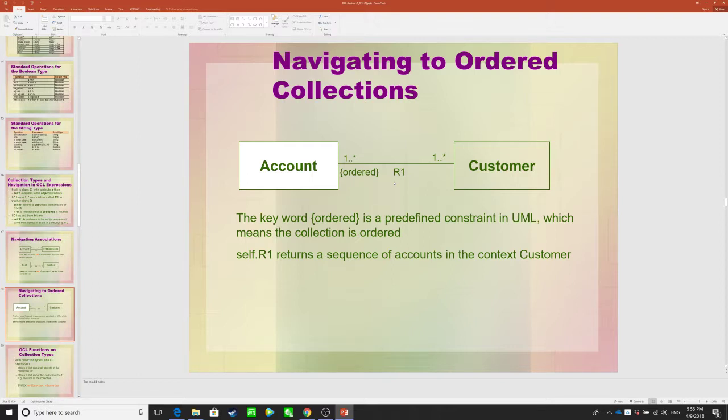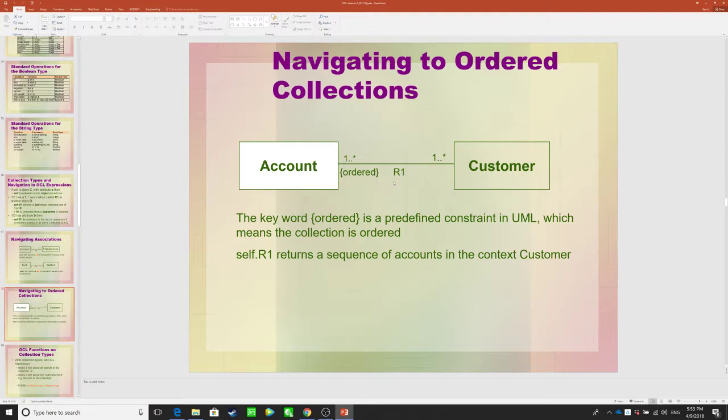In this UML, we put this relation as R1, and we define this account as ordered.